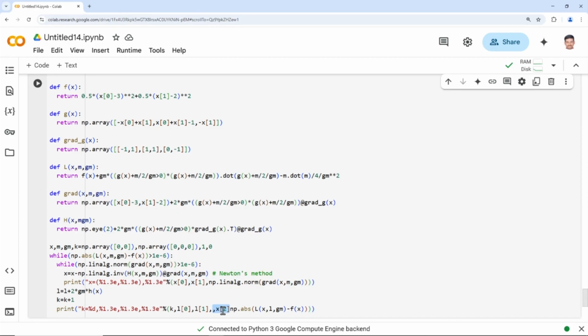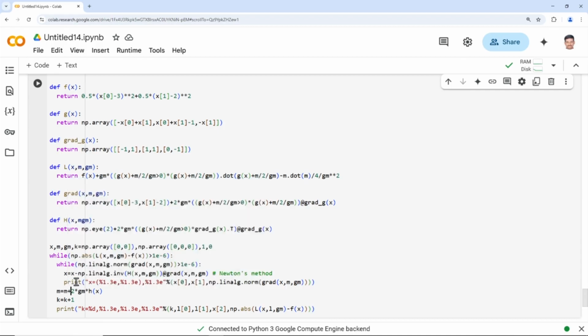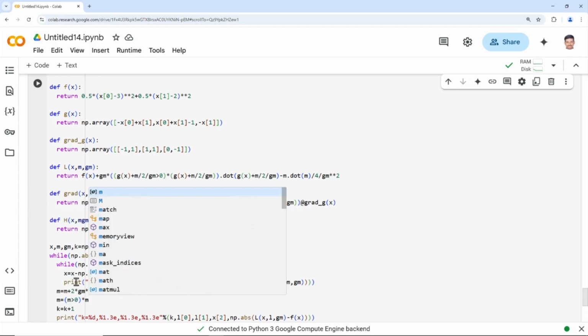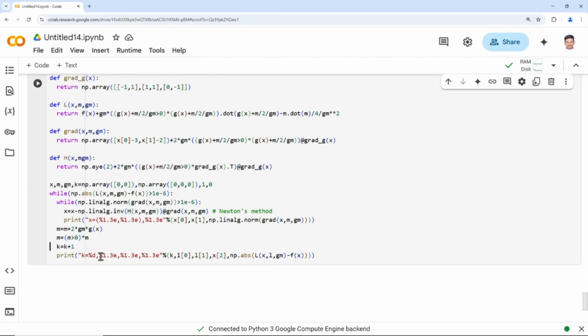Okay, and so m here has to be modified. So m plus 2 gamma g of x, and so again if m is greater than m, then it is m, otherwise it is 0. So that is something we will have to change as well.